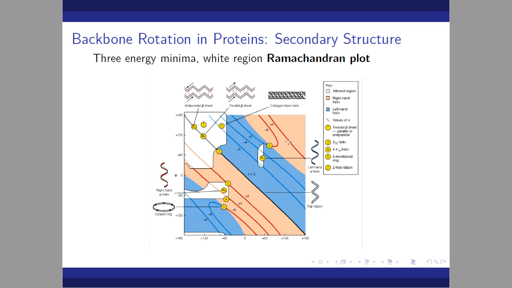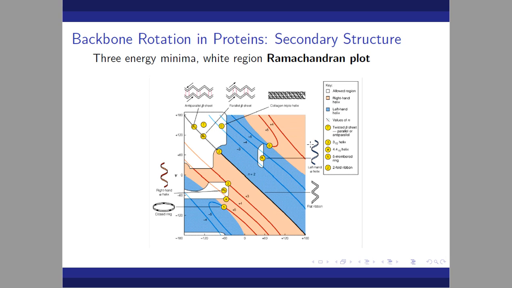Okay, so here we can see we have beta sheet, alpha helix, and alpha helix. The three energy minima are the probable conformations of the polymer.